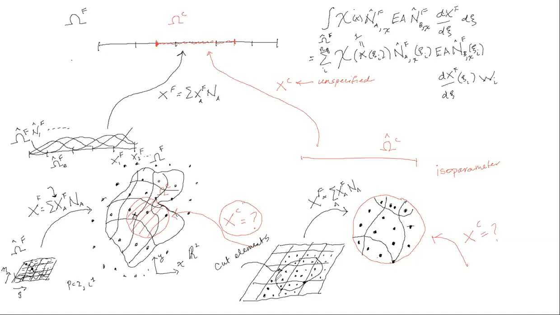But the point is, look, this boundary right here corresponds to this line in the parametric space. So the question is, how is this line mapped through this function onto this line? There may be an approximation. Maybe this space down here can't represent an exact circular arc.